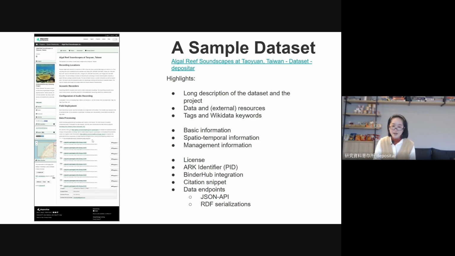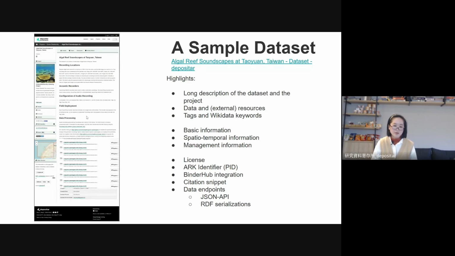The dataset is enriched by text and Wikidata keywords, offering enhanced discoverability. Key components include basic information, spatial and temporal information, and management information. They are all documented on Depositar.